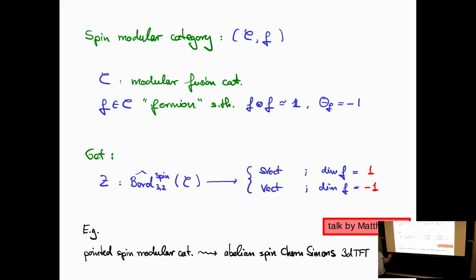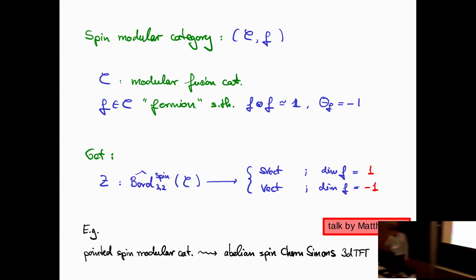And that also relates to the talk we had by Matthew, because you can then make the spin modular category pointed, which means all objects are invertible. And then that describes abelian spin Chern-Simons theories. And so one can now use this formalism maybe to investigate what surfaces and surface defects and symmetries it has.